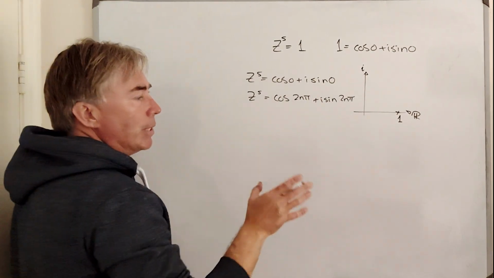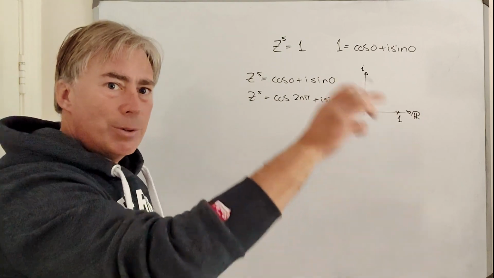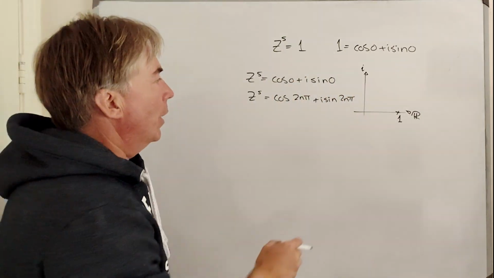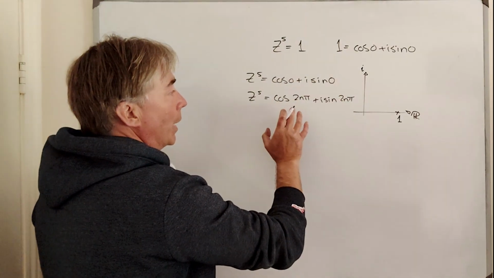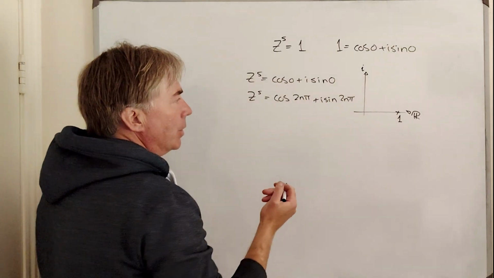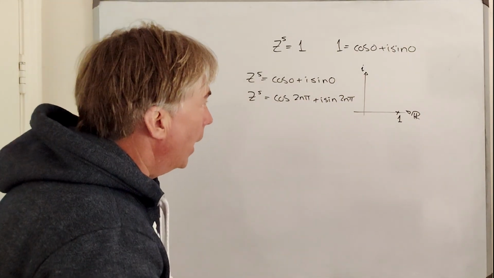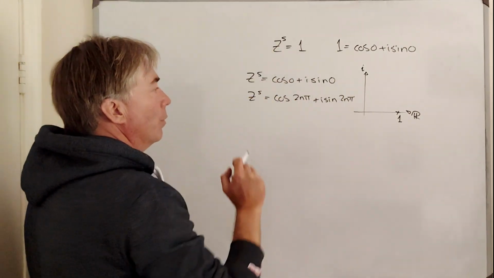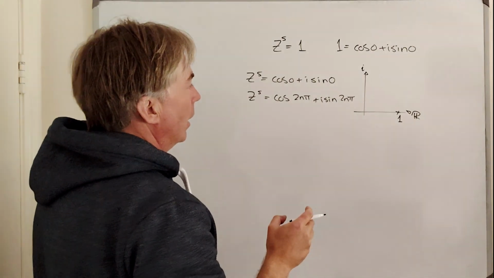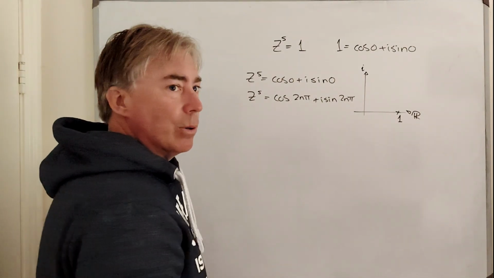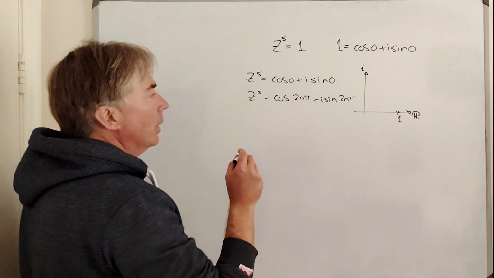Because of the symmetry, the 360 degree or 2π symmetry of the complex plane, we're going to have n as an integer between 0 and 4, to give our 5 roots. We're going to have 5 equally spaced roots around our Argand diagram.